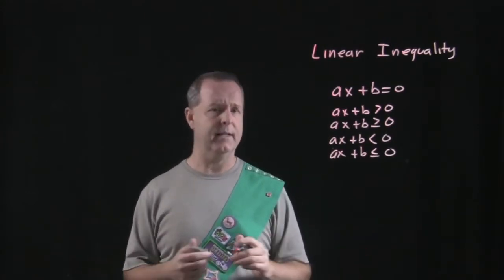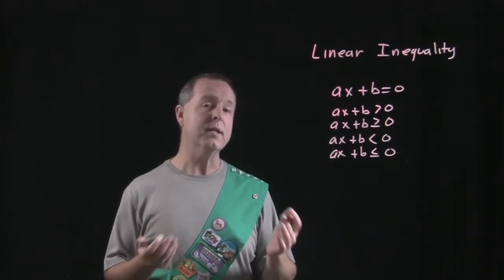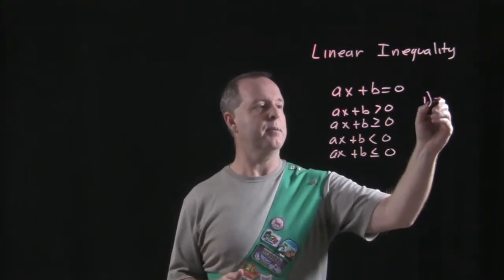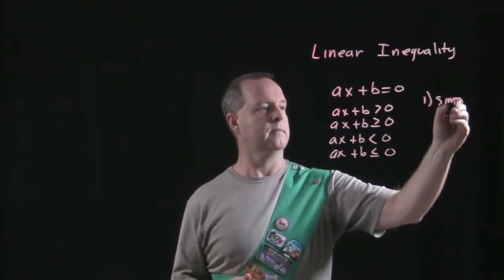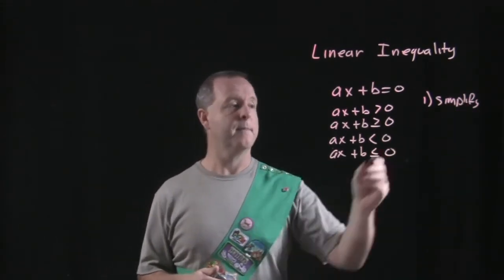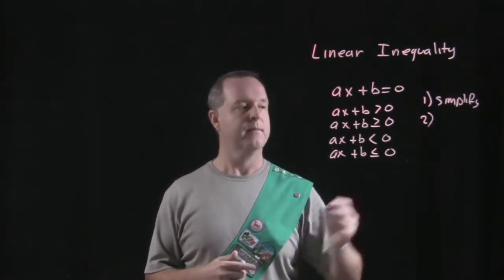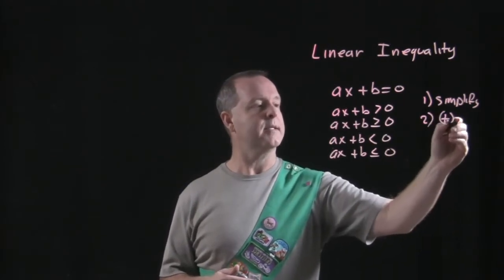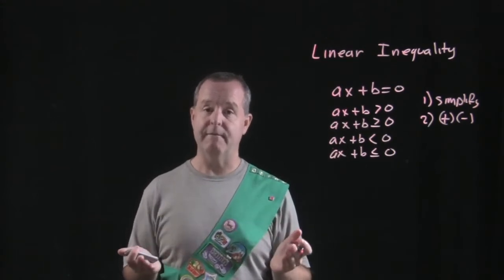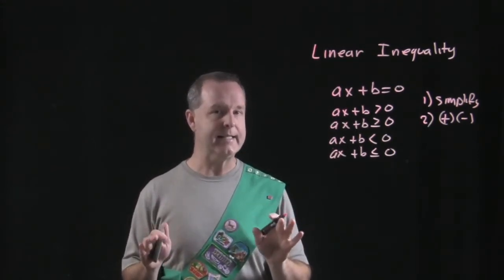So how do you solve a linear inequality? Well, when you solve a linear inequality, first thing you want to do is simplify. Not too different than what we've done before. The second step, what will work best, is to do any additions or subtractions from that variable of x. We're trying to isolate x.